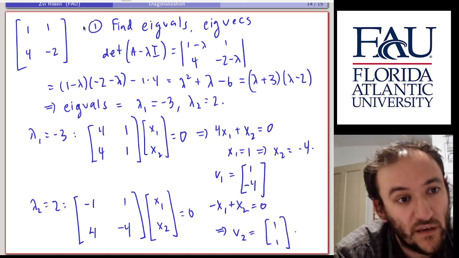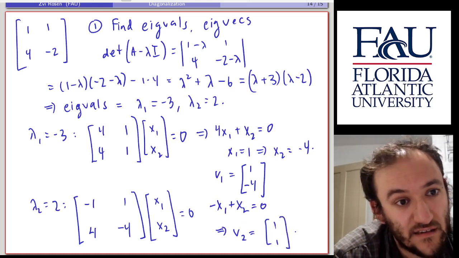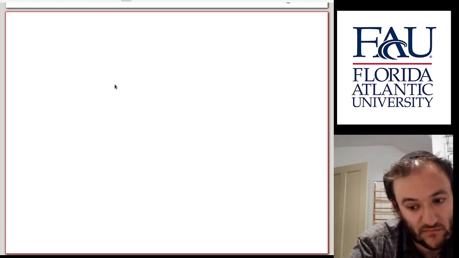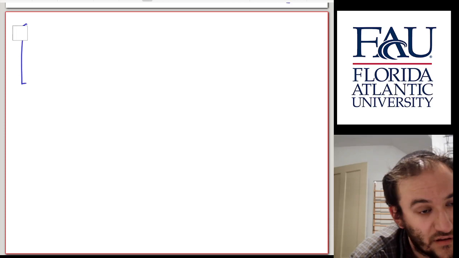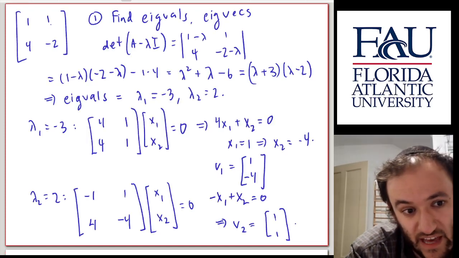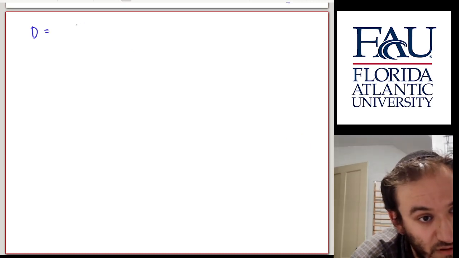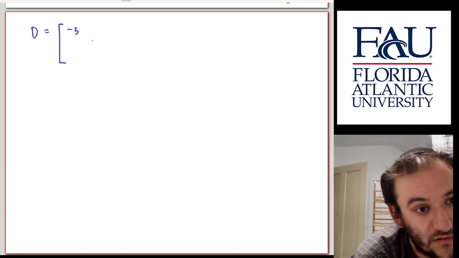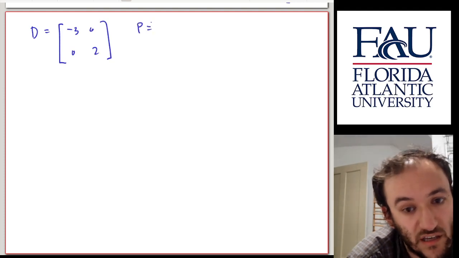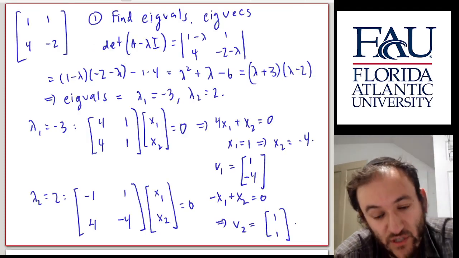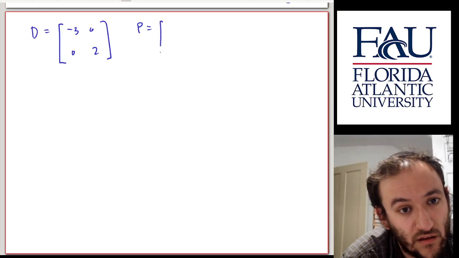Okay, so to diagonalize, we have (1, 1, 4, minus 2). Well, our D is going to be the diagonal matrix with the eigenvalues, which is minus 3, 2. Our P is equal to the corresponding eigenvectors, which is (1, minus 4, 1, 1).